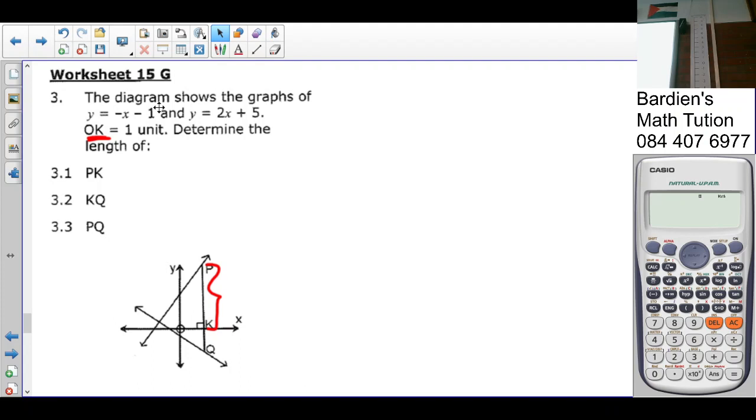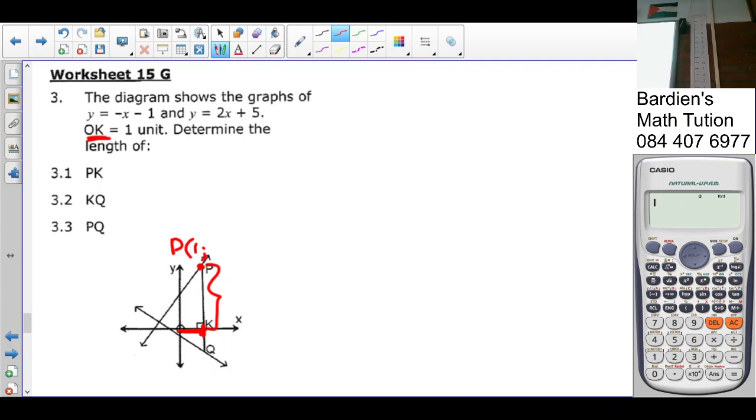So if I get the corresponding y value for P, that would be the length of PK. So what is your x value at P? It's 1. Why? Because OK is 1 unit, so the x value anyway on the line PQ is 1.